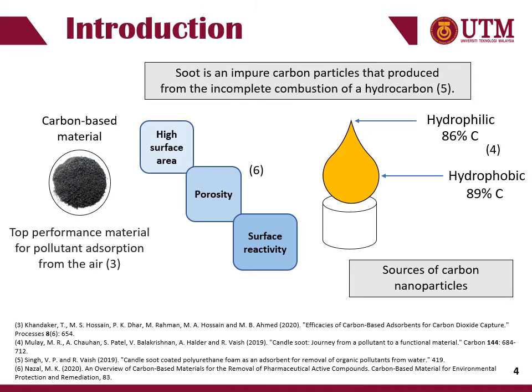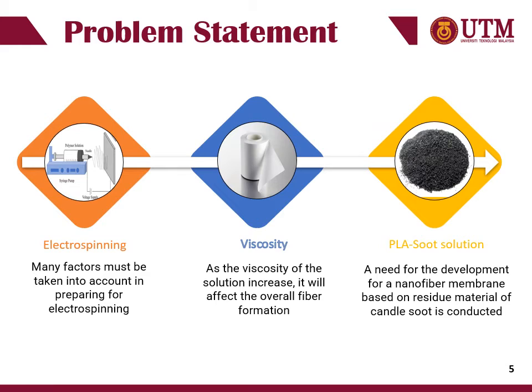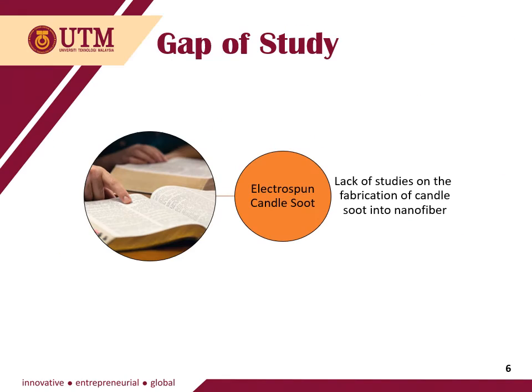For the problem statement, many factors are involved in electrospinning. These factors include the viscosity of the solution, as it will affect the fiber formation. This study focused on the effect of the PLA solution during the electrospinning process. For the gap of study, with electrospun candle soot, there is a lack of study on its fabrication.